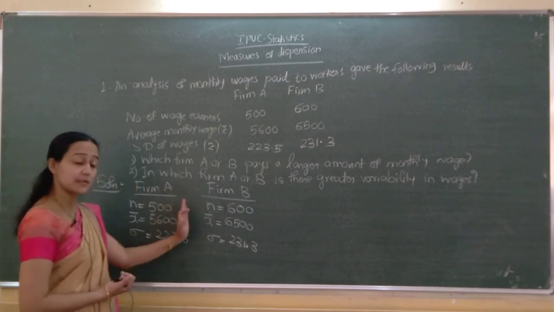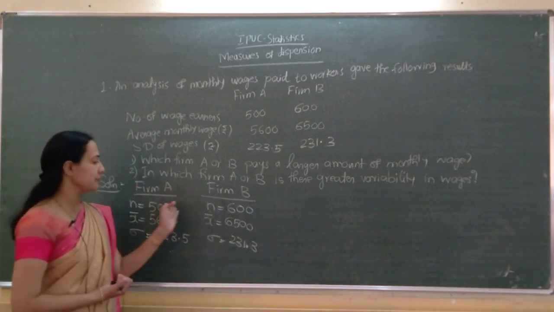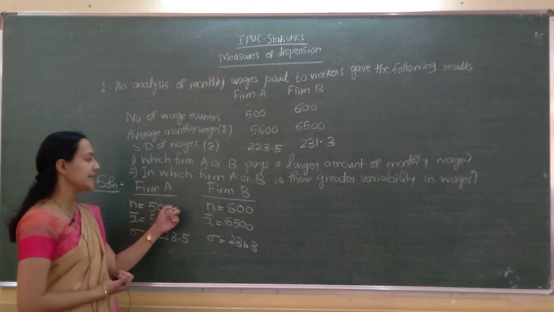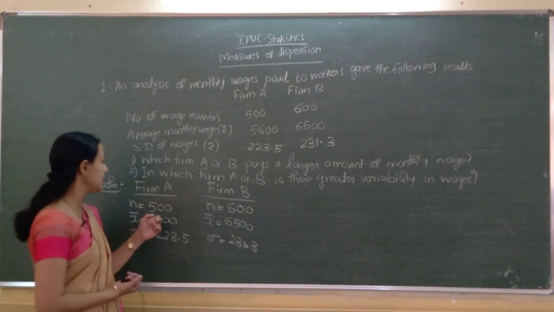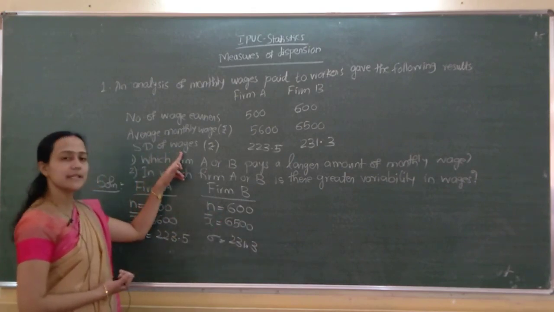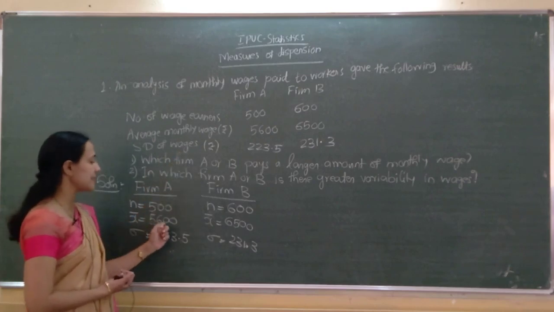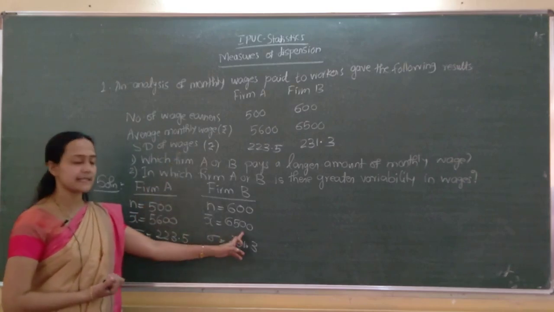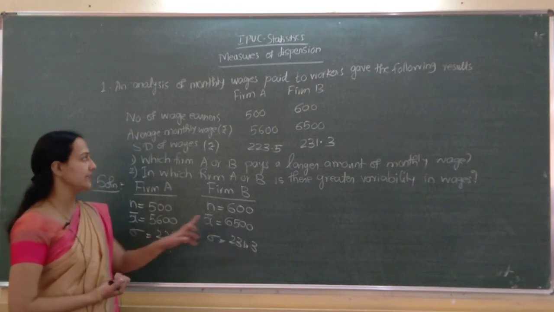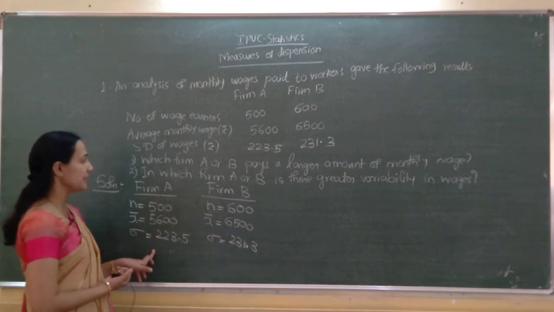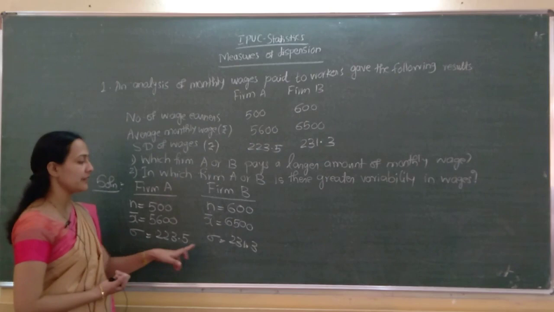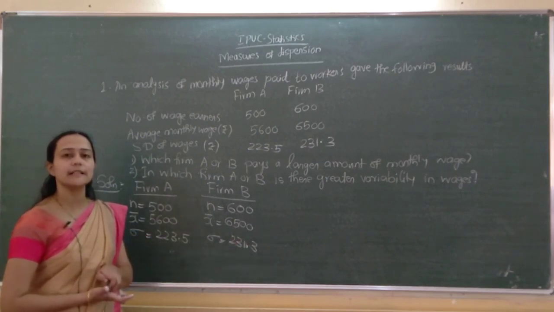So N equals 500 here, N equals 600 here. Average monthly wage, X bar of the first series is 5,600, X bar of the second series is 6,500. Then standard deviation sigma of firm A is 223.5, and of firm B it is 231.3.